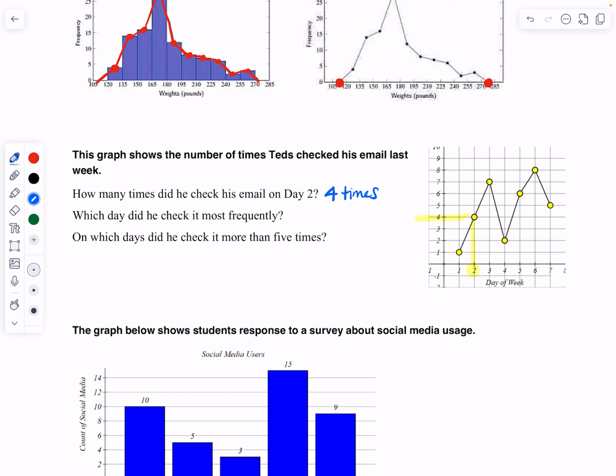Which day did he check it most frequently? Okay, so most frequently, I'm looking for the highest frequency, which occurs right here. And I'm going to erase the other one we were looking at before. Whoops. Let me erase that off. And it says which day. So I have the highest frequency. Now I have to go down and get the day, which is day 6.